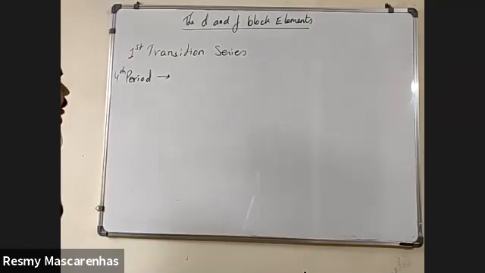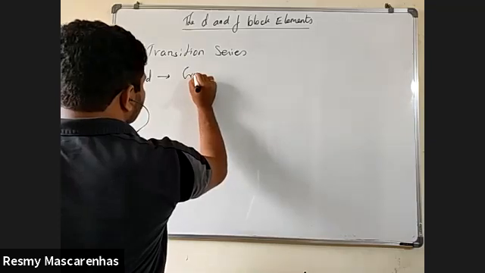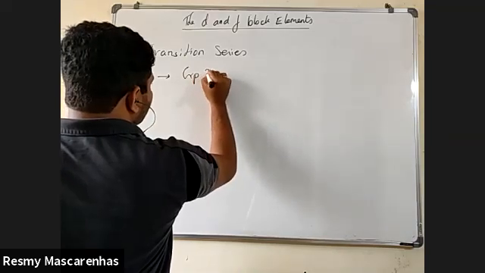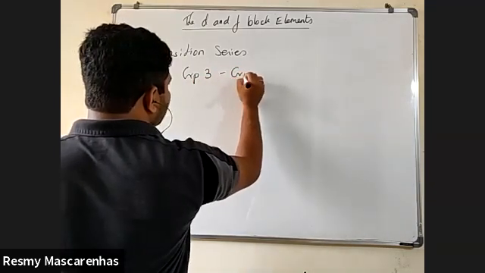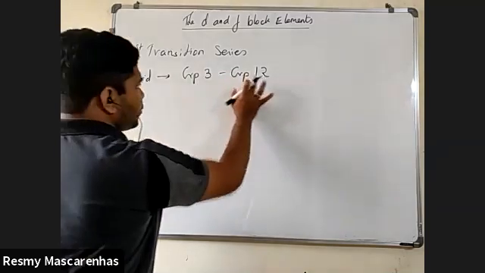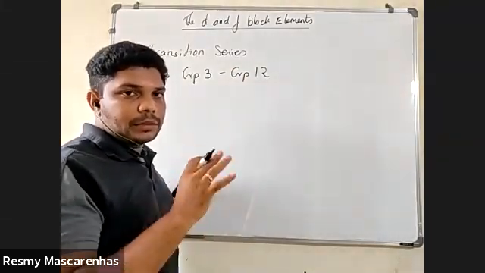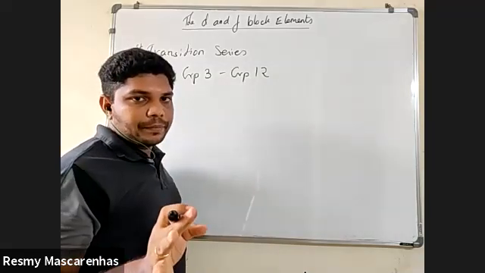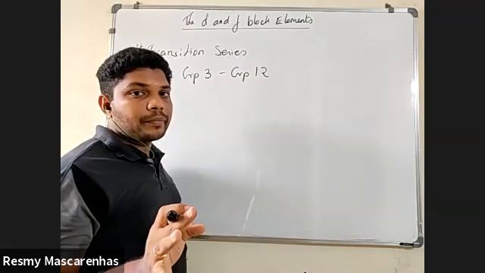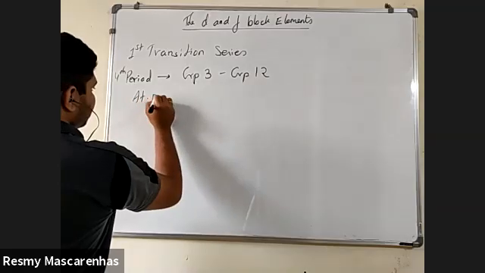So it is from the fourth period, and the group is what? From which group to which group? From group 3 to group 12. So this is about the period and the group. Any doubt with respect to group and period of the first transition series? No, sir. Now, atomic number.